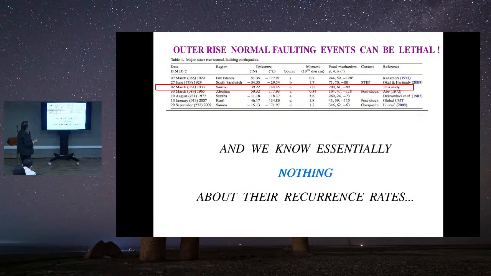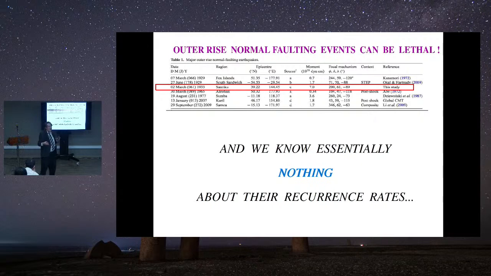Now the problem with these is that we know nothing about the recurrence rates. Okay, we have some idea of centimeters per year as far as the convergence in big subduction events, in the interplate events is concerned, but what is the recurrence rate of such earthquakes? We cannot start to answer the problem, because if we plot them on a map, I think it would be fair to say that the big ones that we know of this kind, we do not have more than one per province known in the instrumental record of seismology.